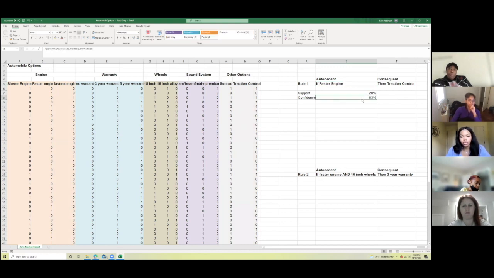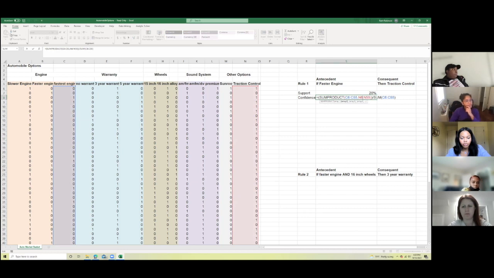So if fast engine, then traction control. Okay, so it's comparing the amount of times you'd see just the antecedent, or the faster engine, to the amount of times you will see the entire rule.